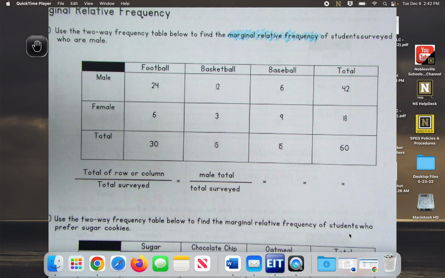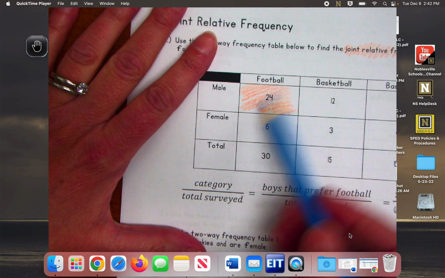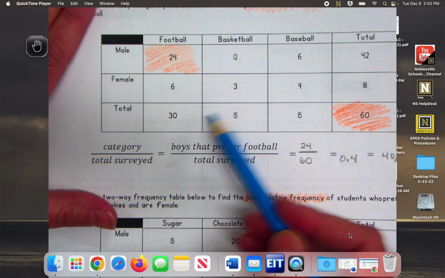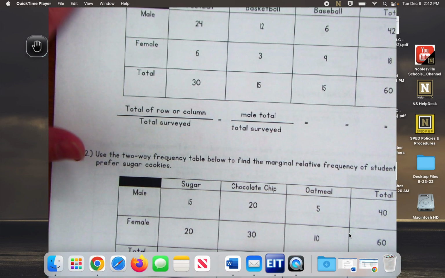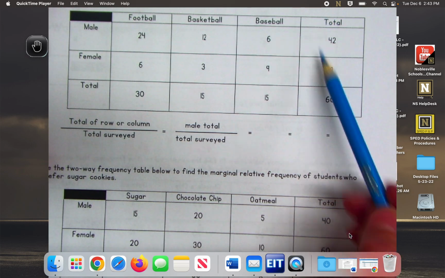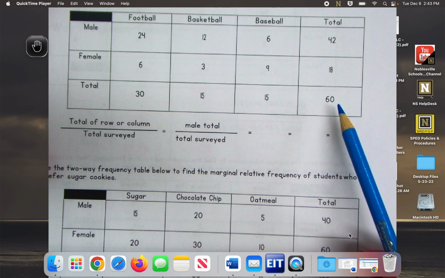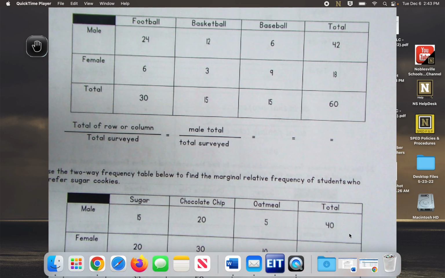Okay, so this is different because before we were taking something from not one of the totals, right? We were taking something from inside without being a total column or row. Now we're going to be taking something from a total column or row and still dividing it by the total surveyed. So marginal relative frequency of students surveyed who are male.